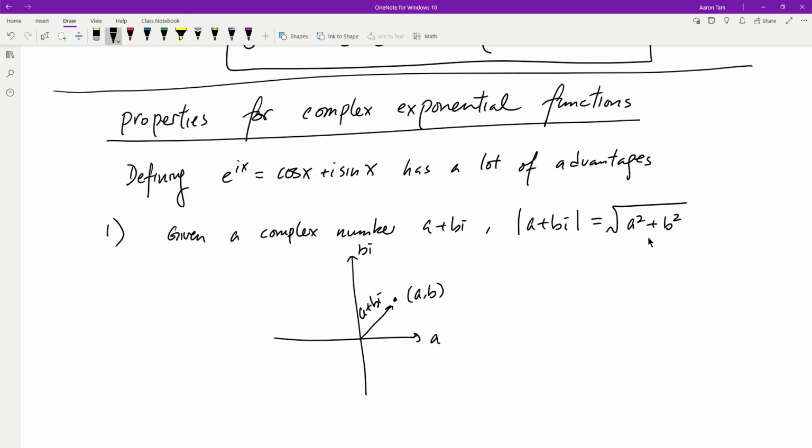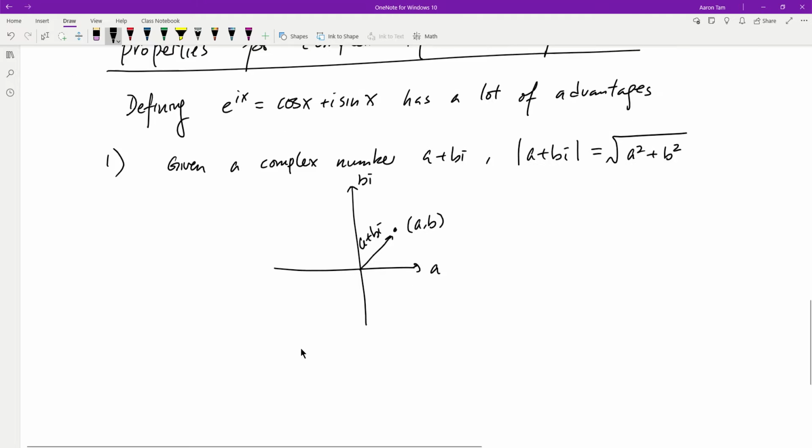Now, what would be the advantage of defining e to the ix using this concept? It's because e to the ix actually forms what we call a unit vector. Why? Well, because of the following.